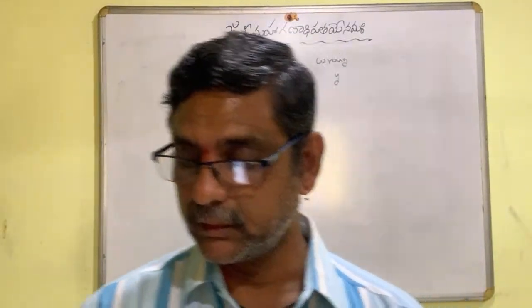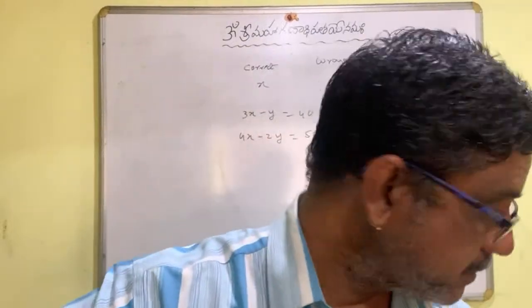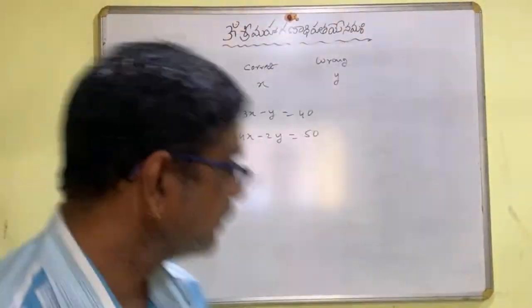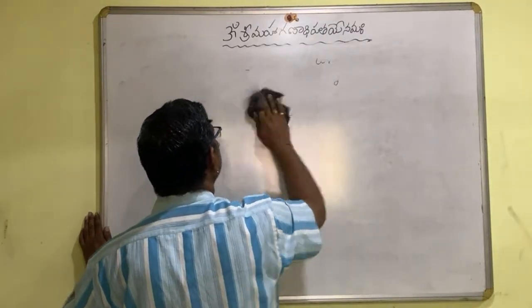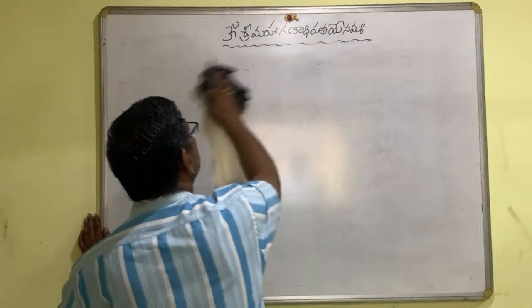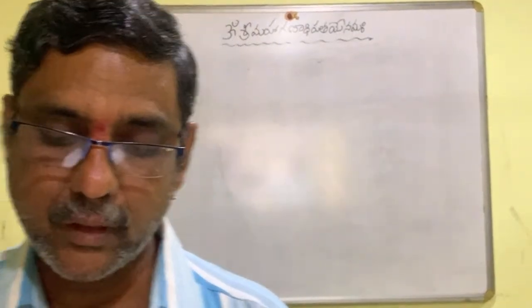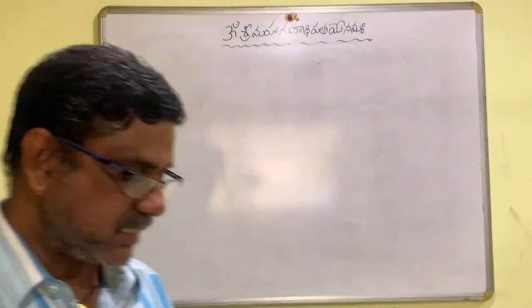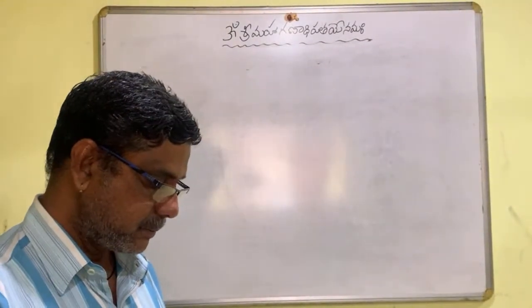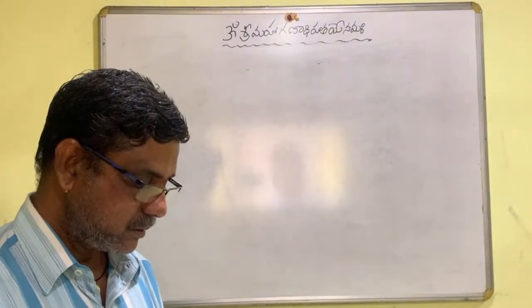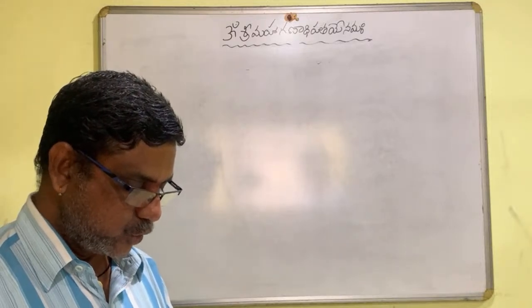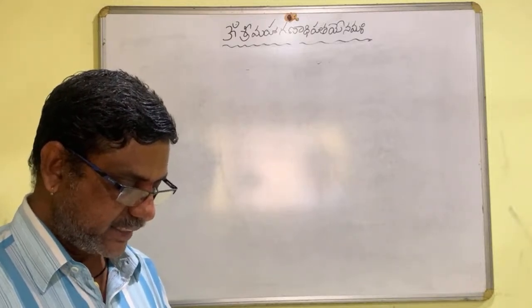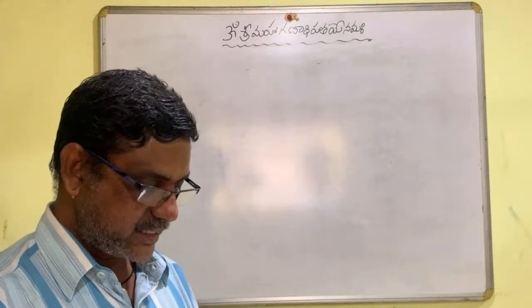Next, 34th question. What is the 34th question? From the top of a 45 meters high building, the angles of depression of two ships on the opposite sides of it are observed to be 30 degrees and 60 degrees.